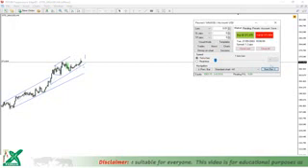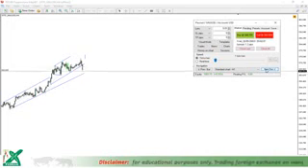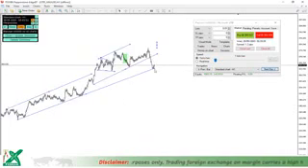This is working as a support. We got a breakout, and after the breakout our next target is this channel. You can get an idea on that line.